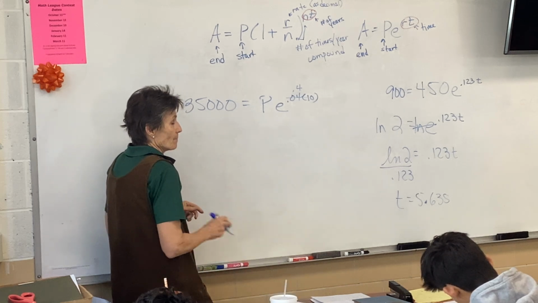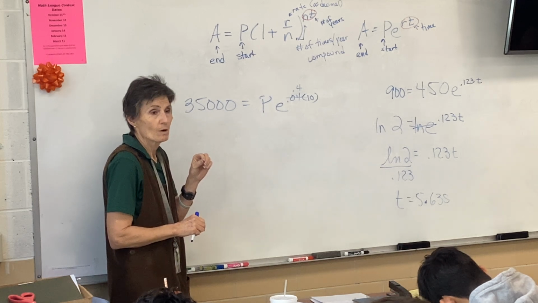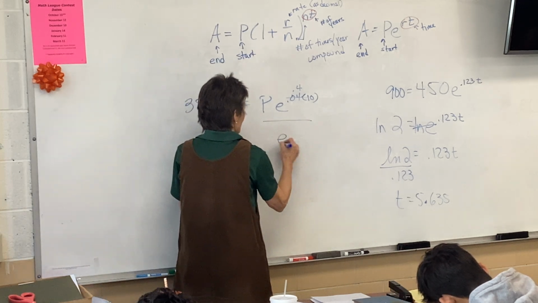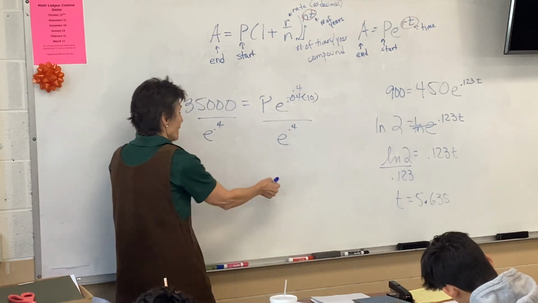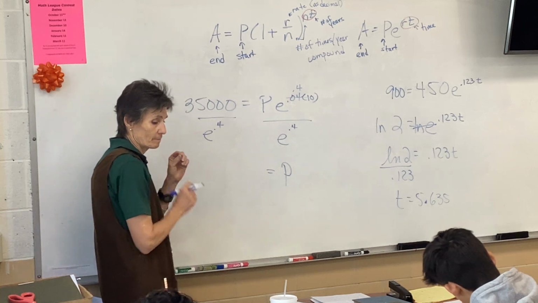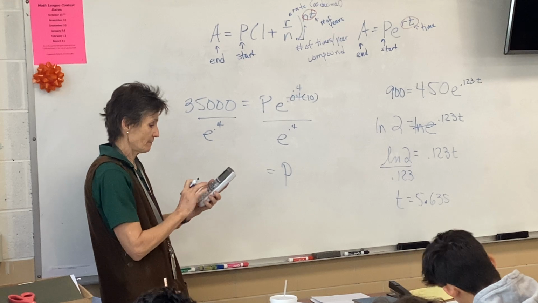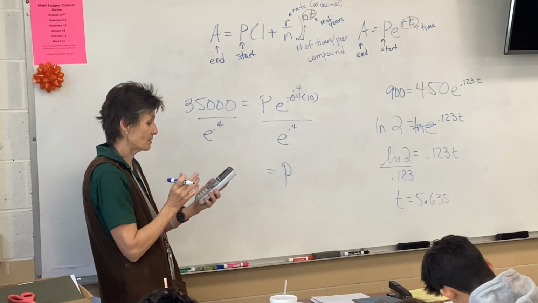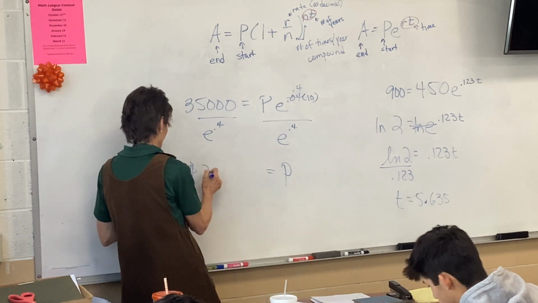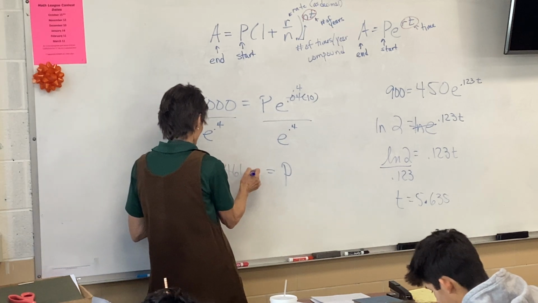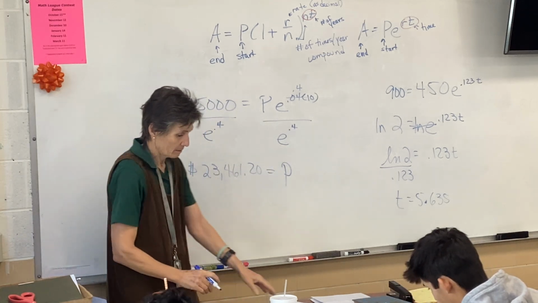Am I going to need logarithms? No. All I need to do is divide by e to the 0.4. Isn't that what I need to do to get P by itself? So 35,000 divided by second ln, that's how you get e, in case you forgot. 23,461.20. It's money, so I'll go to the nearest cent.